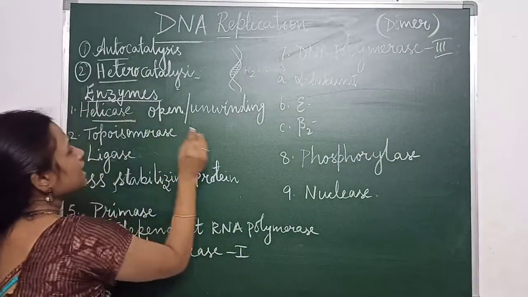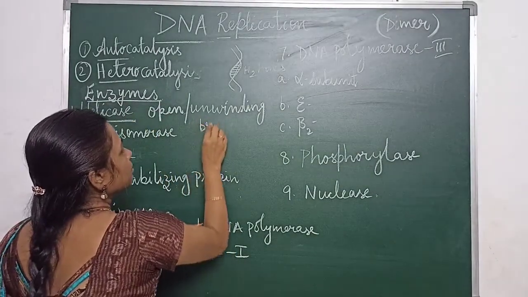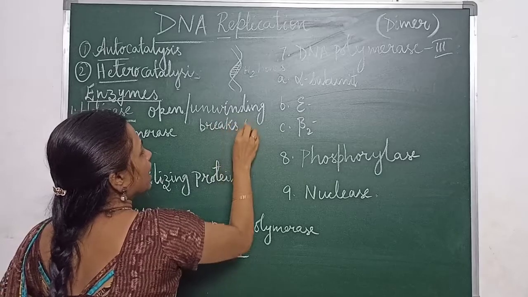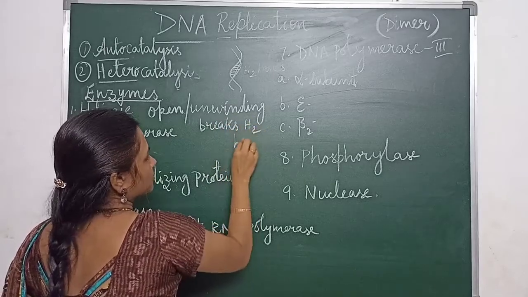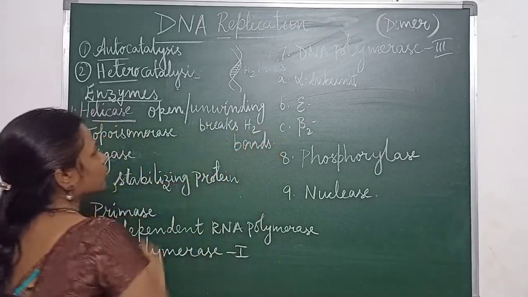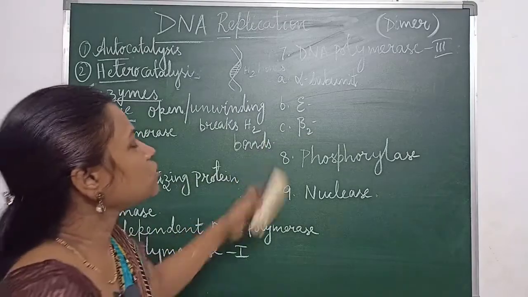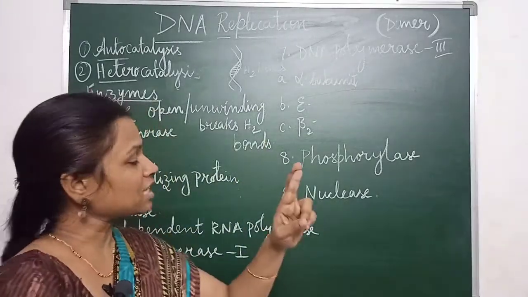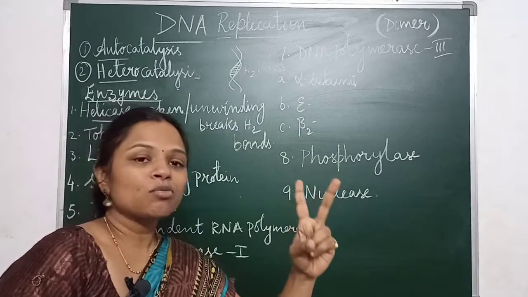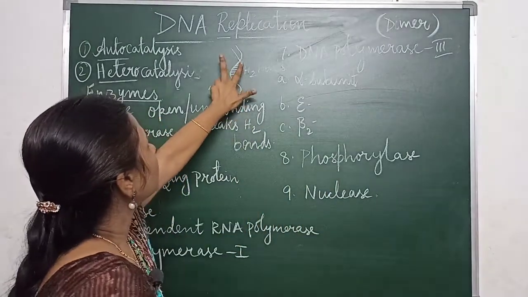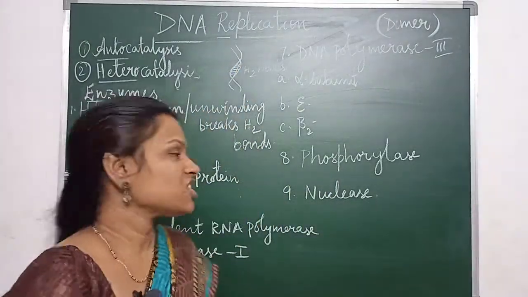So this helicase enzyme basically breaks the hydrogen bonds. Because of the breakage of the hydrogen bonds, this causes the unwinding of these two polynucleotide chains.